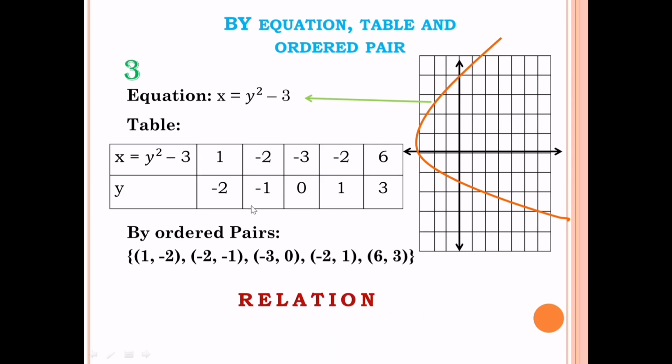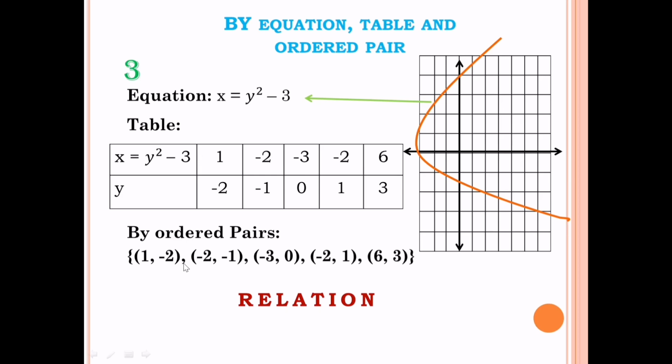Now, by simply looking at the values on the given table as well as in the ordered pairs, let us look at the values of x: 1, negative 2, negative 3, negative 2, and 6. As you observe, there are two negative 2s here, meaning the elements in the domain repeat more than once. So that makes it a relation.